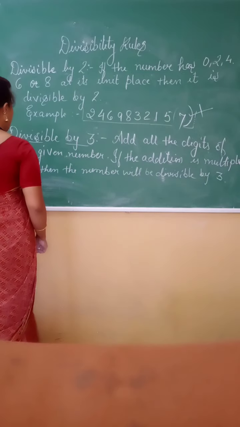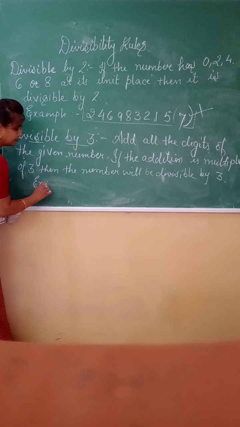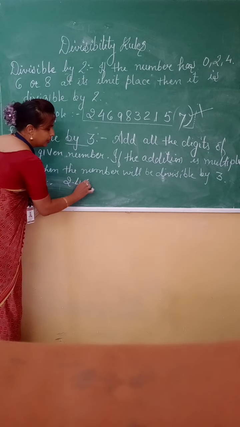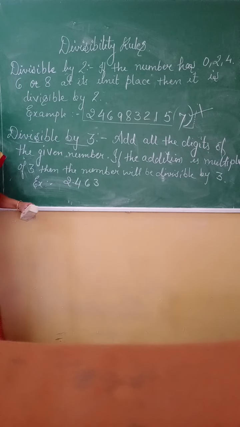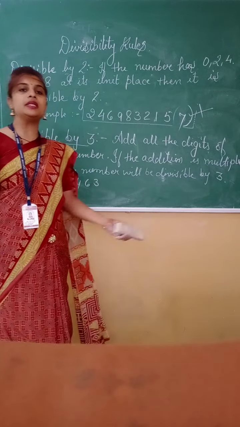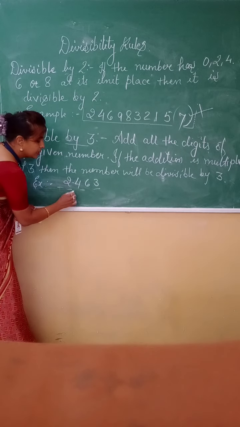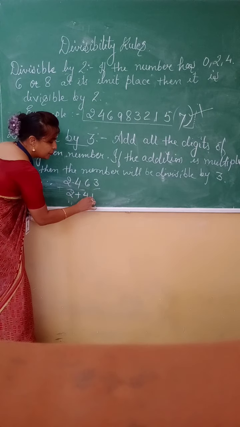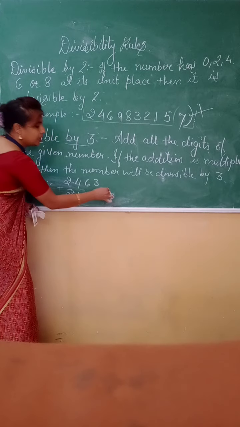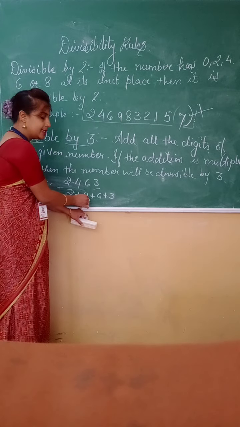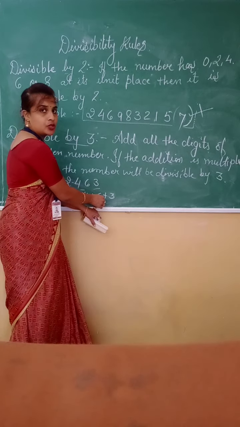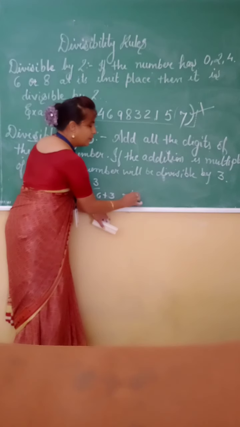For example, we have a number like 2463. For checking whether this number is divisible by 3 or not, what do you have to do? Add all these digits: 2 plus 4 plus 6 plus 3. 2 plus 4 is 6, 6 plus 6 is 12, 12 plus 3 is 15.